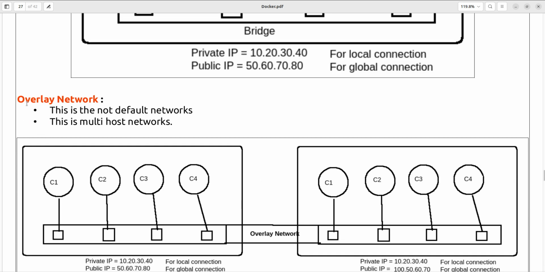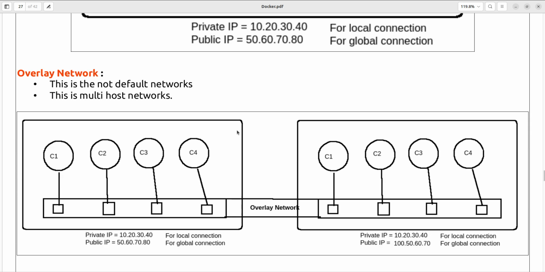If you go with the overlay network, what will happen? Your containers will be running in different machines. Suppose this is one machine. In this machine four containers are running, C1, C2, C3, C4. In the other machine four containers are also running.